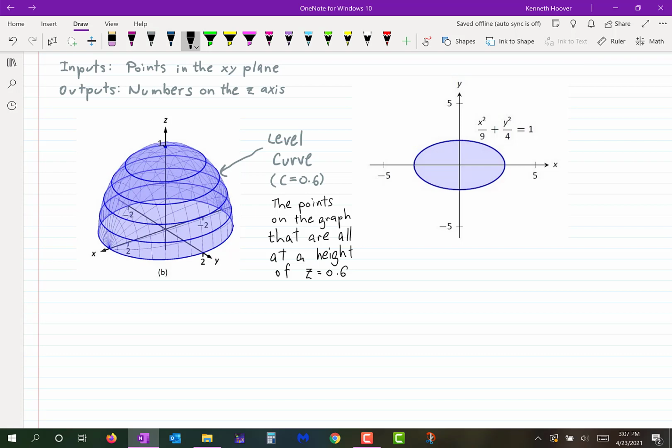Let's find that specific level curve right there. Okay, so what would I do? I would write f of xy equals 0.6. So that means the square root of 1 minus x squared over 9 minus y squared over 4 equals 0.6, which means 1 minus x squared over 9 minus y squared over 4 equals 0.36.